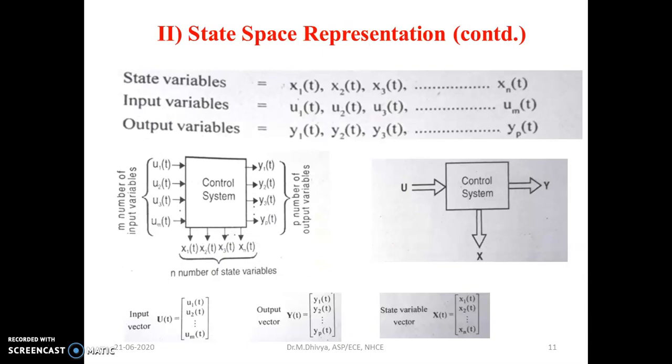Now, we can represent the control system with the input variables, the output variables and the state variables. Normally, a control system is represented by a block diagram encompassing the input subjected to the system and the output inferred from the system.